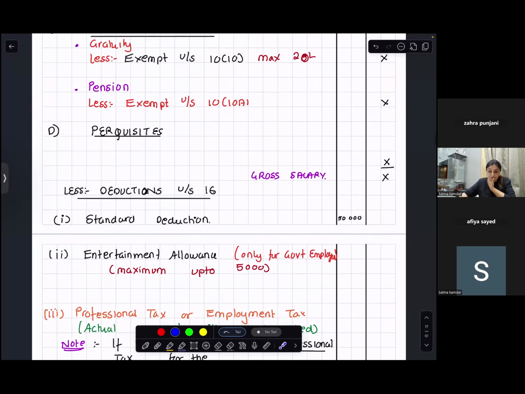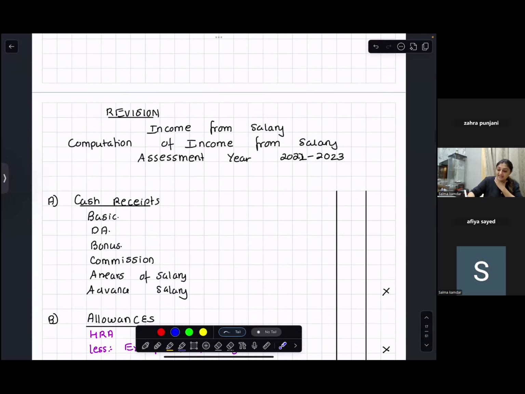Whatever we were doing, this is the computation of income from salary for the assessment year 25-26. So we have our basic salary, our dearness allowance, our bonus. Bonus is on receipt basis. We have commission if it is a fixed percentage.